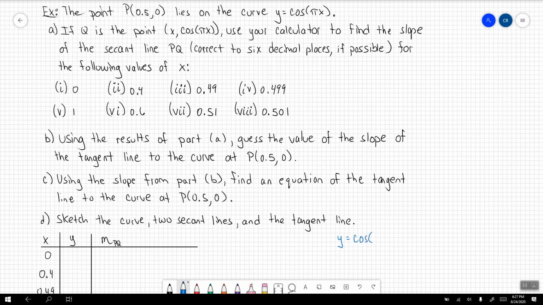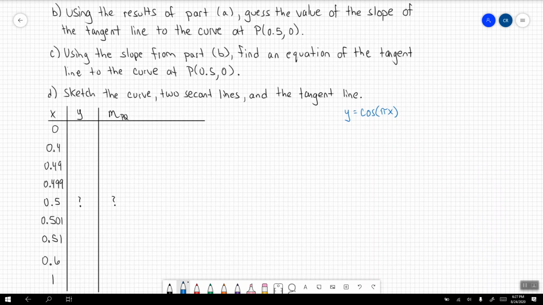So here we get that y is equal to cosine of pi times x. Let's make the first substitution. In order to view that, we're going to plug in 0. That means cosine at 0 is 1. Perfect. Good so far. Let's keep going.